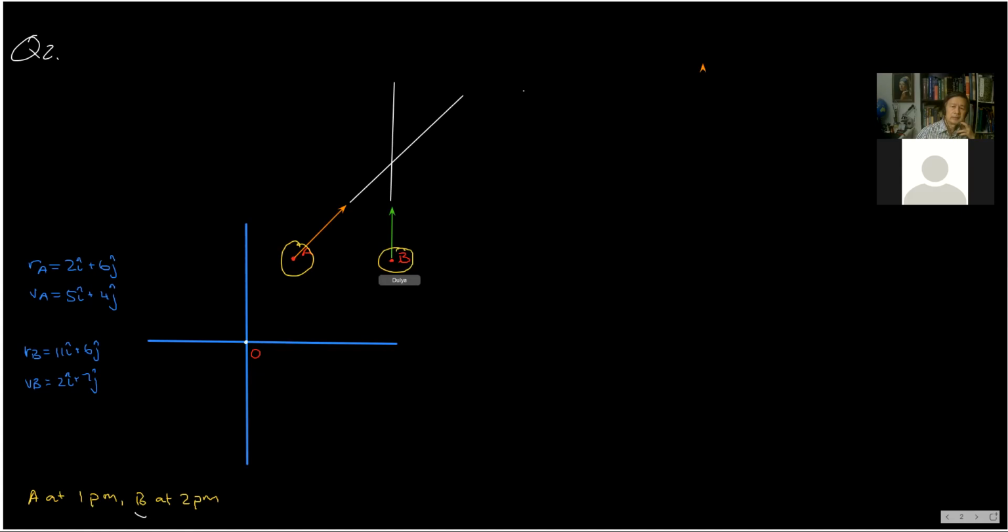So I think we have to know that it's going to move. They are moving along straight lines at different velocities, and at different times too.